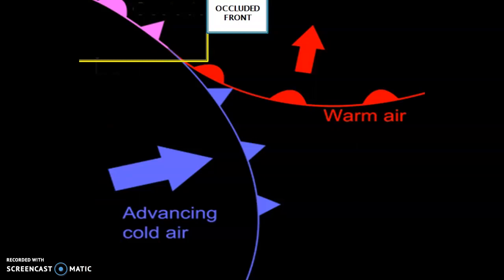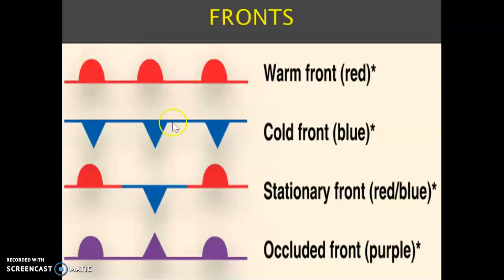Just to reiterate very quickly, here are the different types of fronts. We have warm fronts, cold fronts, stationary fronts, as well as occluded fronts. The shape of the symbol will point the direction to which the fronts are moving. For example, from the screen here, this warm front is moving northwards.